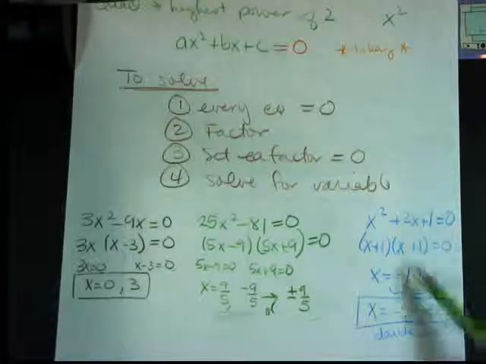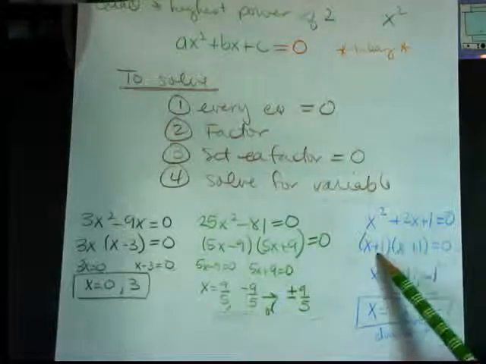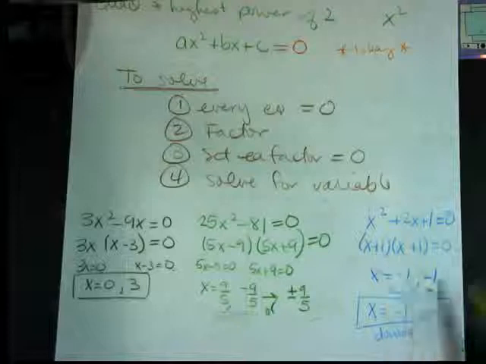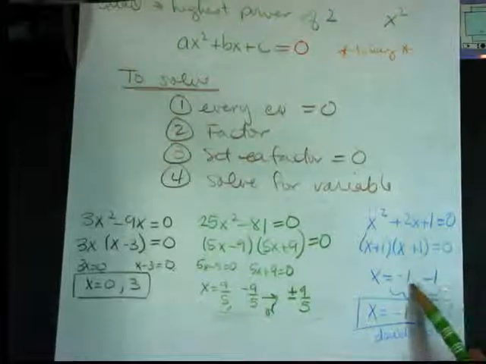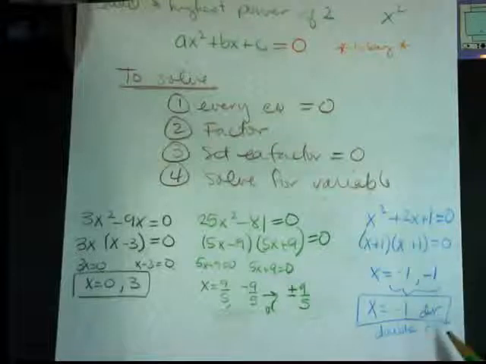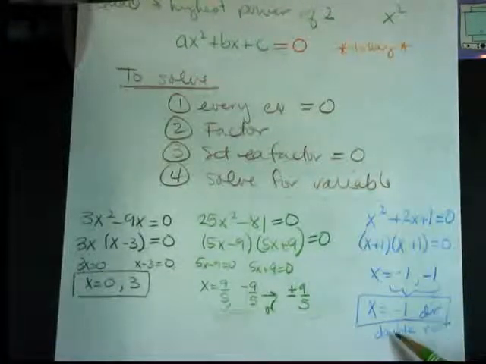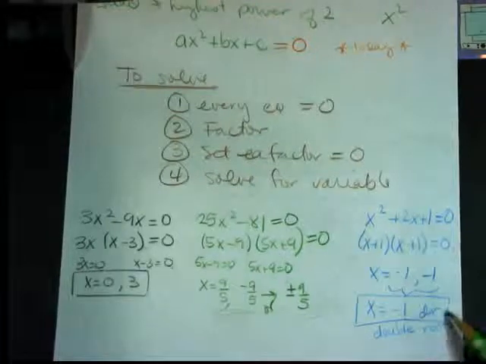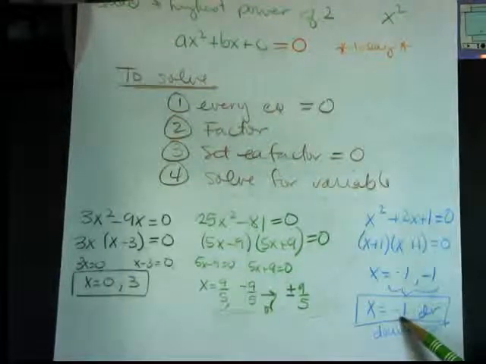So when you have two factors that are the same, you would get two solutions, but we don't write a solution twice. In math, we use the shorthand dr. dr stands for double root, and that says that there were two -1s.